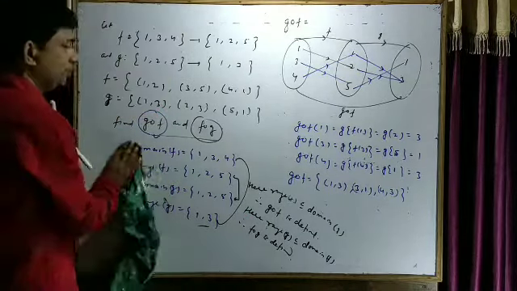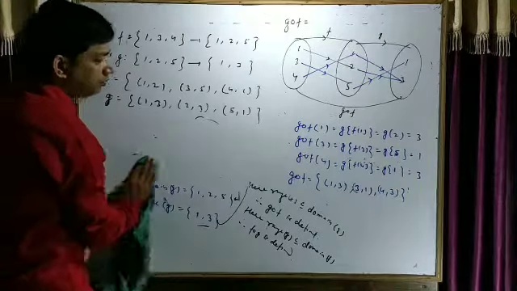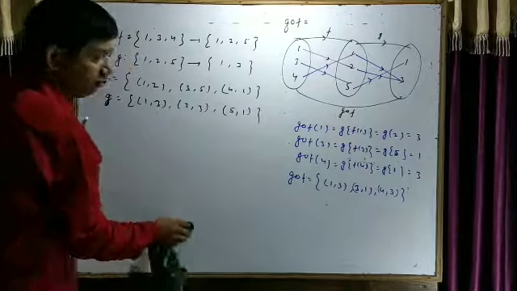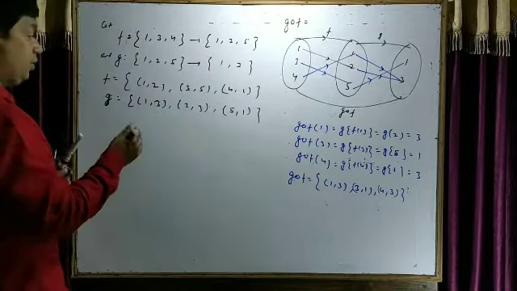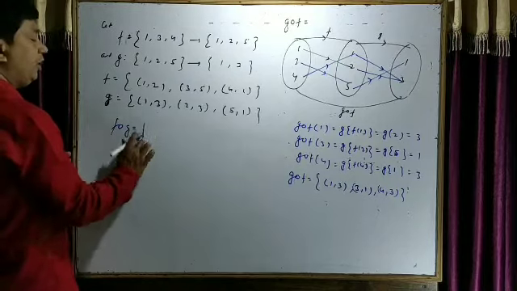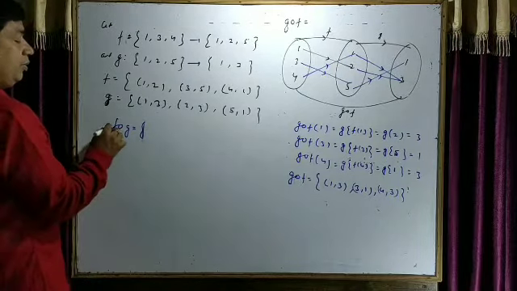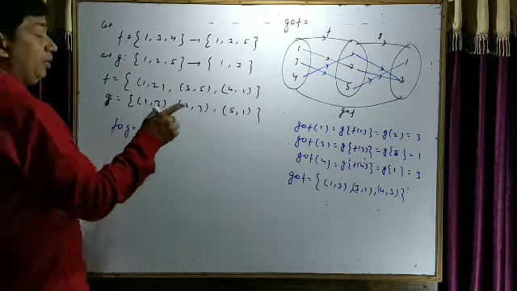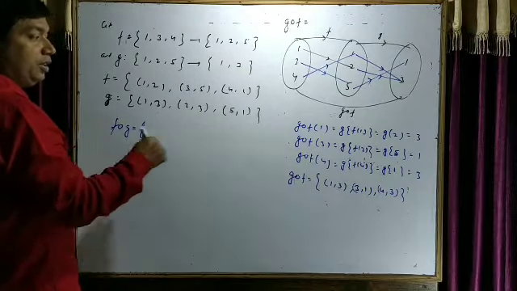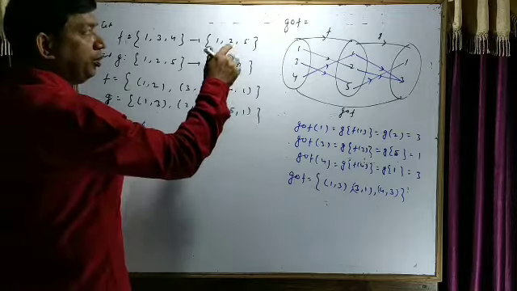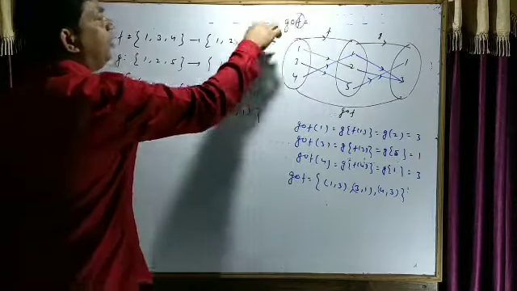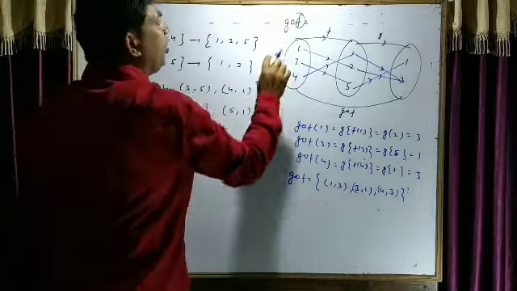Now see here, fog. For fog, what is the domain? This is a composition of G and F, called fog, whereas GOF is a composition of F and G. The domain of F is the domain of GOF.